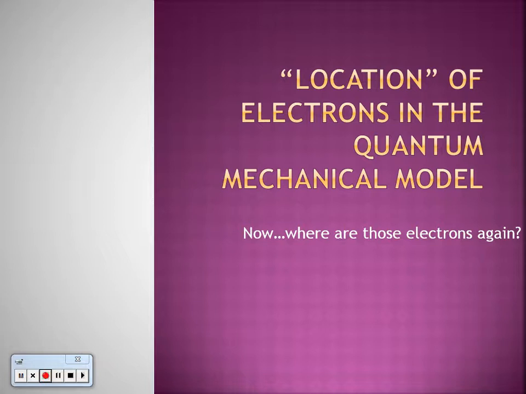So first, the title of the presentation here is called Location of Electrons in the Quantum Mechanical Model, but location is in quotation marks. Why is location in the quotation marks? It's not exact, right? Based on whose principle are we not exact?